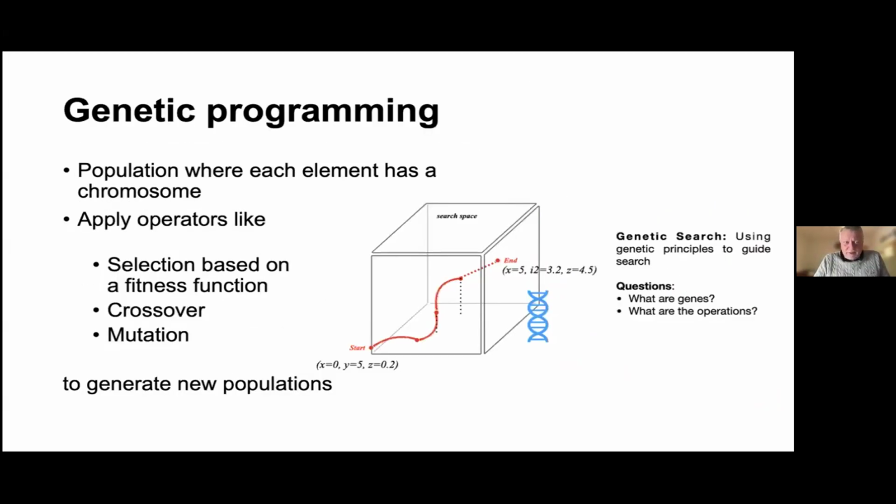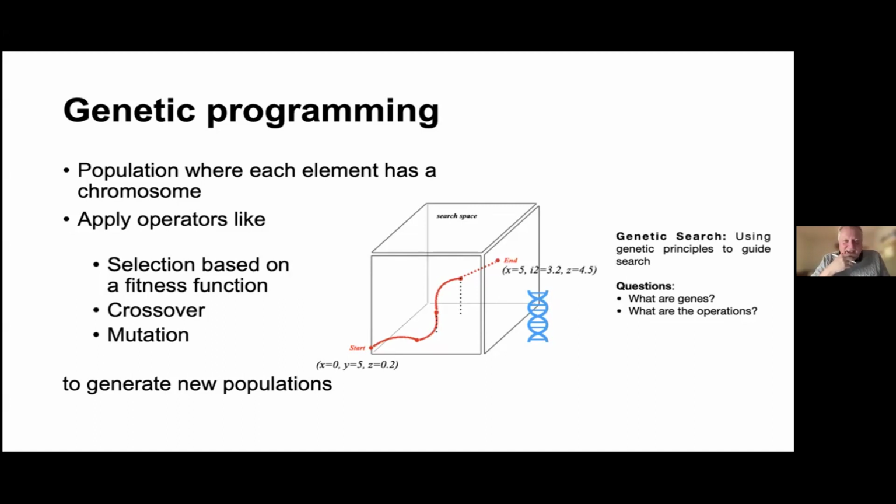What is genetic programming? It's easily explainable. Like in nature, you have a population that is more or less determined by chromosomes. The chromosome stores how an element of a population looks. We have this as well in our pool of humans and other animals.